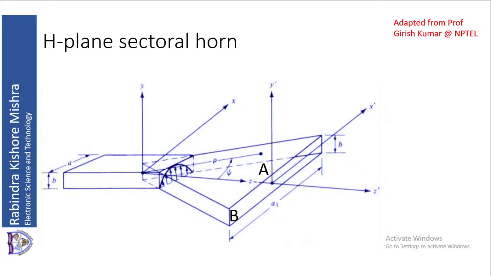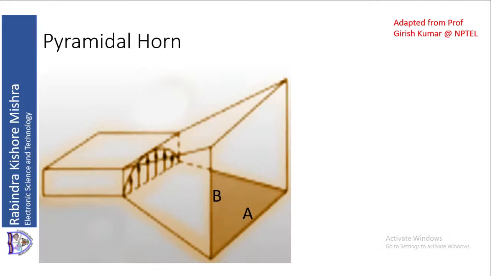If we expand it in both axes, then what we get is called a pyramidal horn antenna. In this case, both a and b change, so this will be a1 and b1. A1 will not be equal to a, and b1 will not be equal to b. So you can say a1 is equal to capital A, and b1 is equal to capital B.